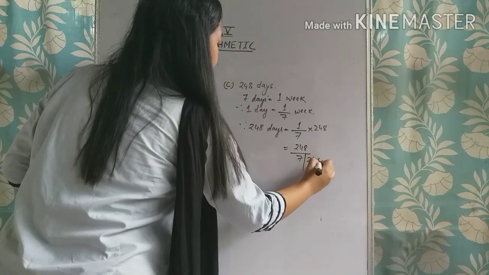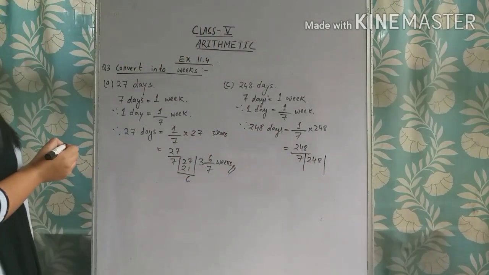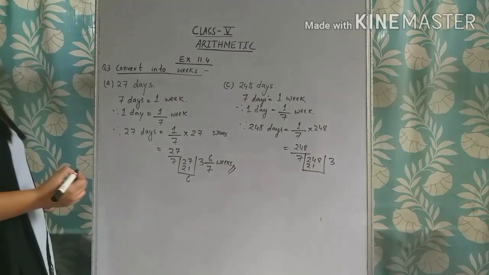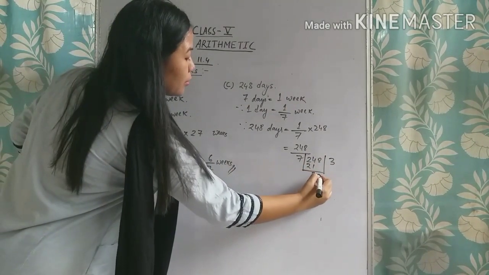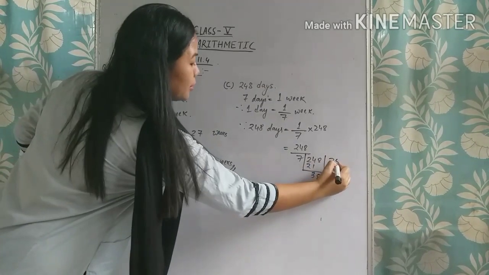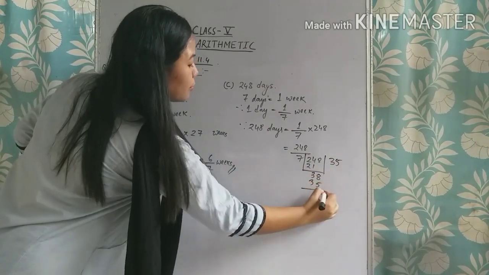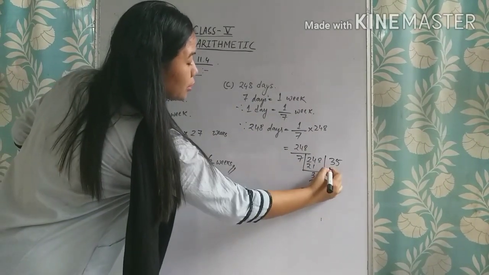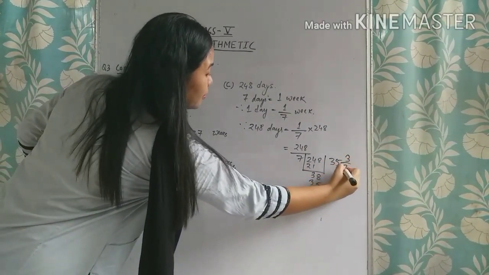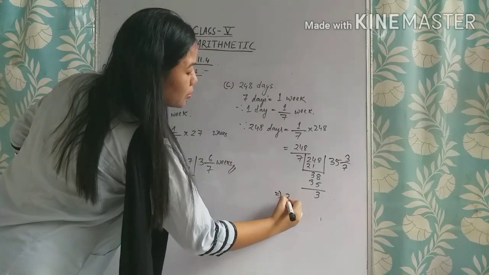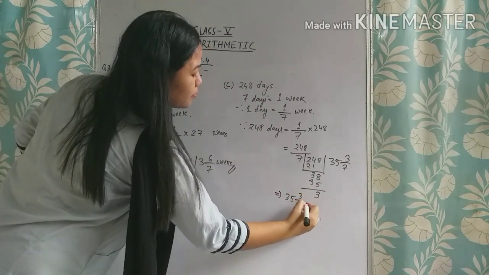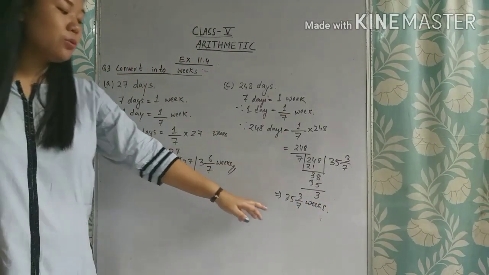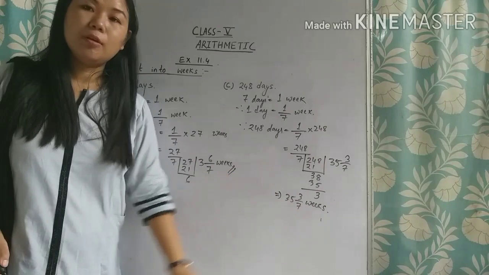Let's divide. 7 3s is 21. 4 minus 1 is 3. 7 5s is 35. 8 minus 5 is 3. So 35 whole 3 by 7 weeks. So 248 days is equal to 35 whole 3 by 7 weeks.